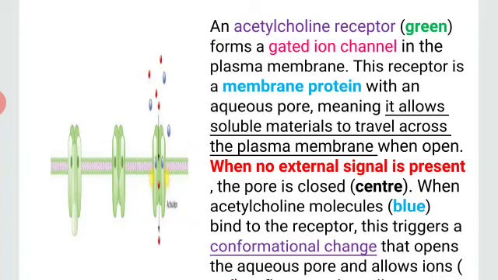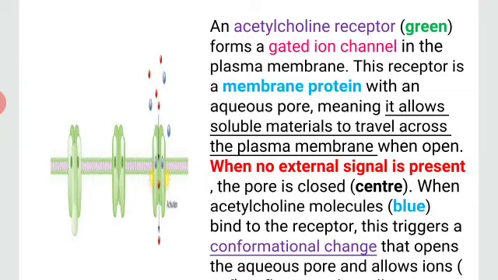So an acetylcholine receptor, which is green, forms a gated ion channel in the plasma membrane. This receptor is a membrane protein with an aqueous pore, meaning it allows soluble materials to travel across the plasma membrane when open. When no external signal is present, the pore is closed, like the picture in the center.